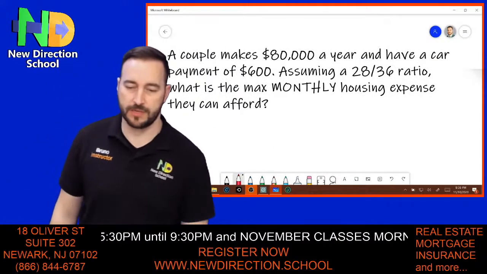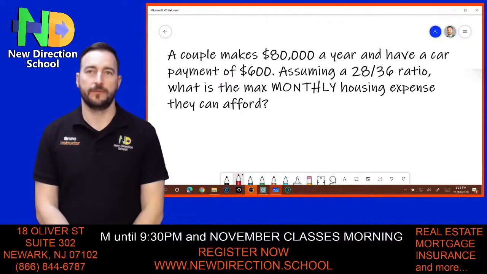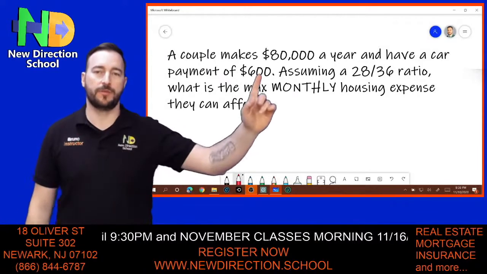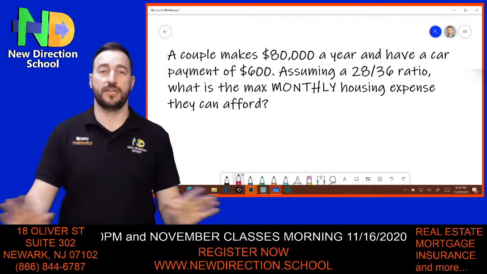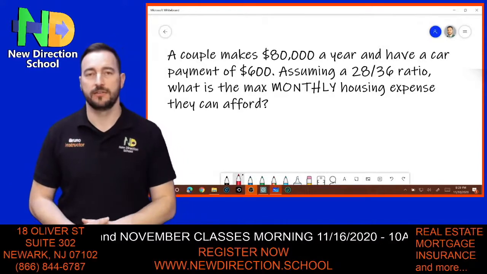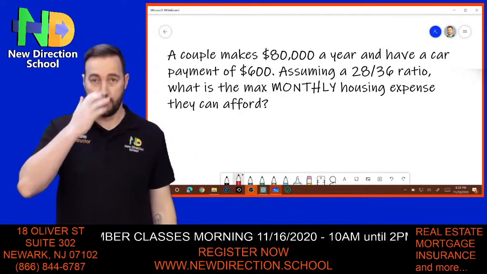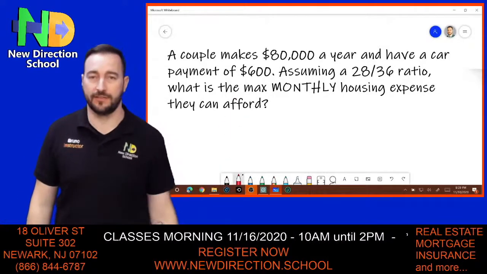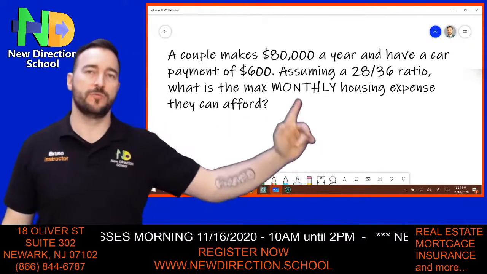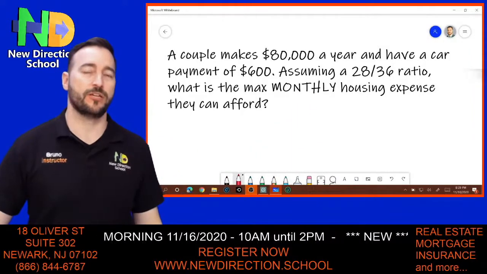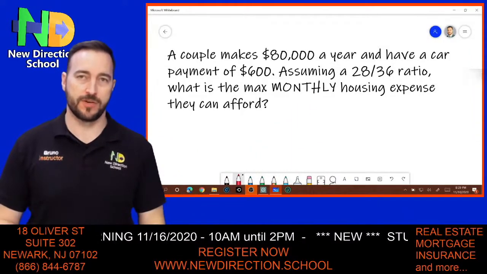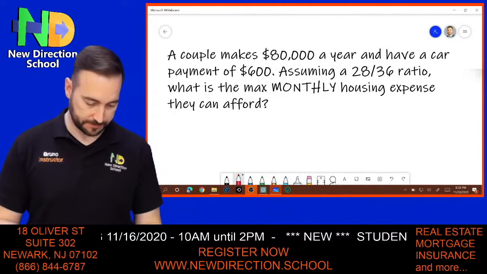All right, look, same question, right? Same question, but now I put a car payment of $600. Do not put the answer in the chat until I ask you guys, but it's the exact same question. All I did was add a payment of $600. Assuming a 28-36 ratio, what is the maximum monthly housing expense that they can afford?